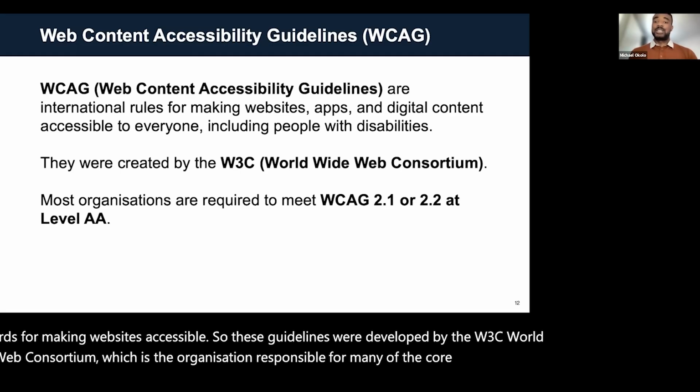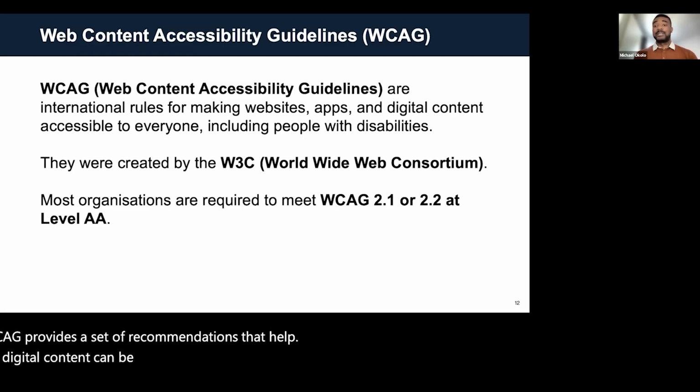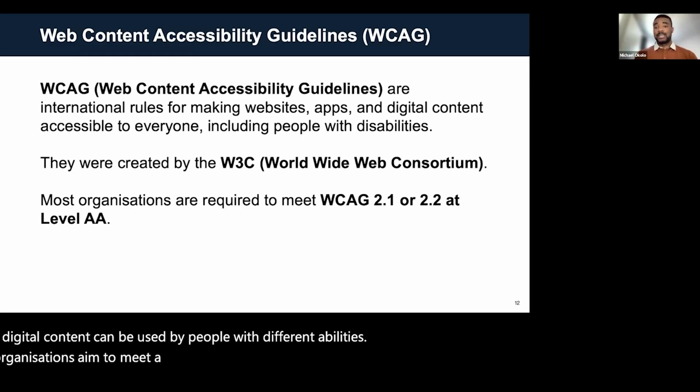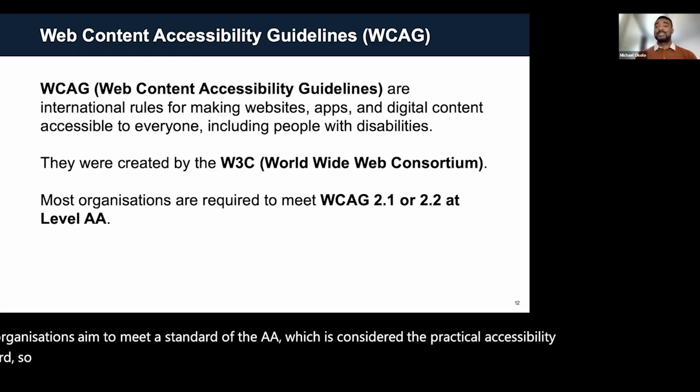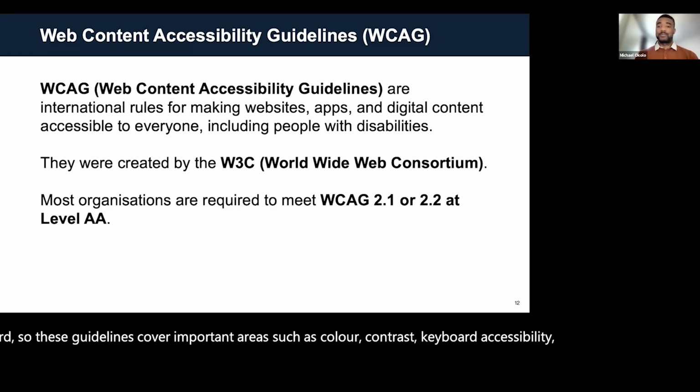The WCAG provides a set of recommendations that help ensure digital content can be used by people with different abilities. Most organizations aim to meet the double A standard, which is considered the practical accessibility standard. These guidelines cover important areas such as color contrast, keyboard accessibility, clear structure, and accessible forms.